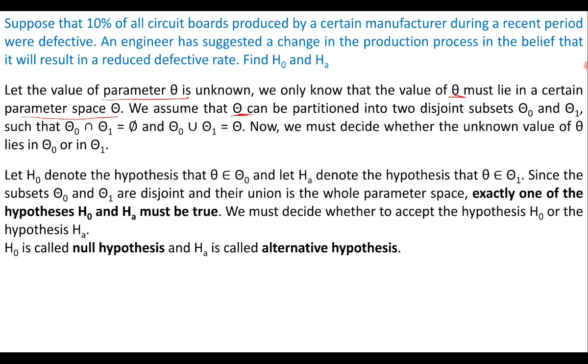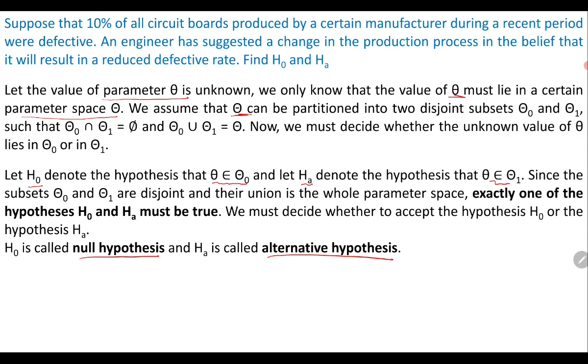If we take a hypothesis that theta belongs to the first subset, we call it H naught, and if it belongs to the second subset, we call it HA. Of course, theta must belong to one of the two subsets, so at a time only one of the hypotheses is true, either H naught or HA. H naught is the null hypothesis, HA is the alternative hypothesis.